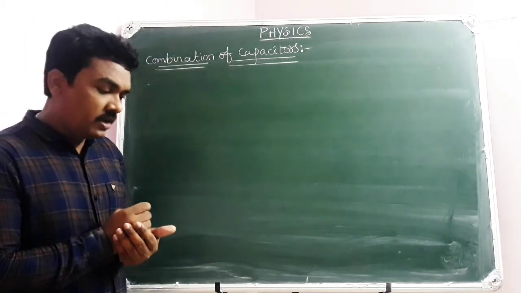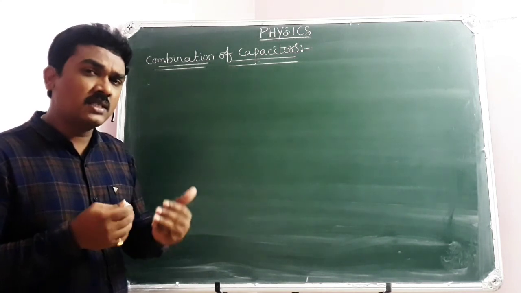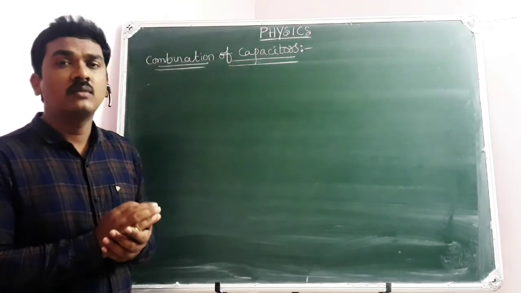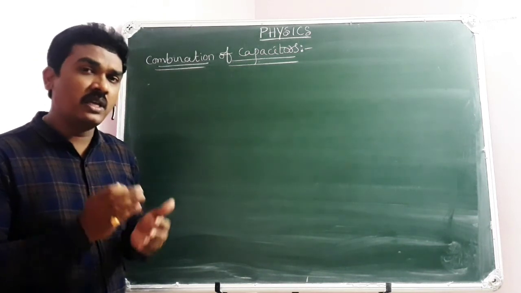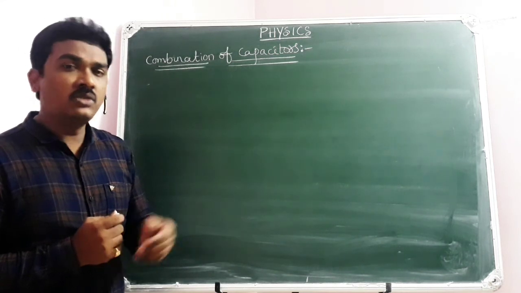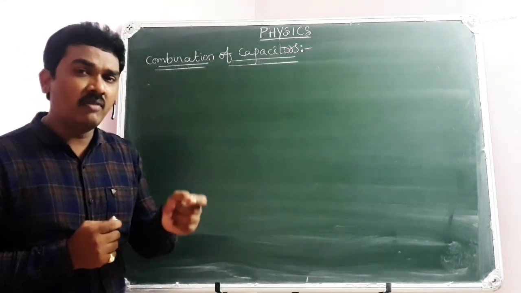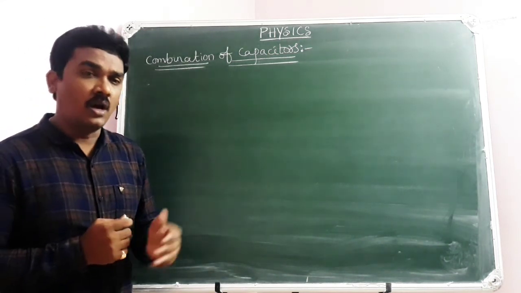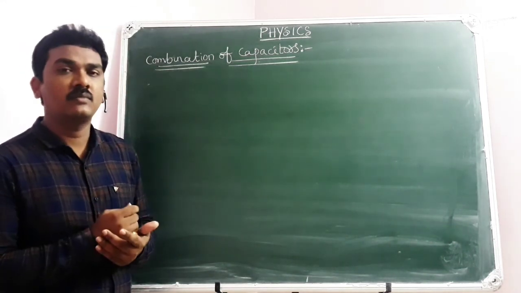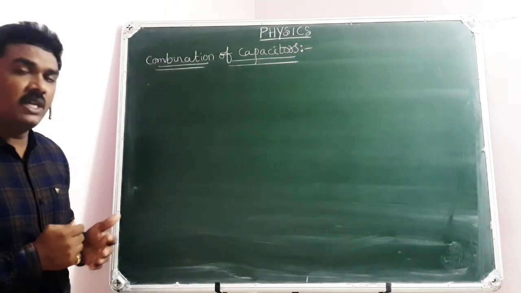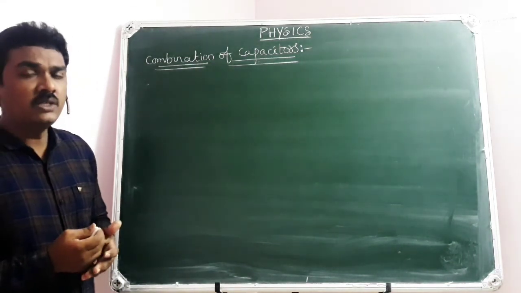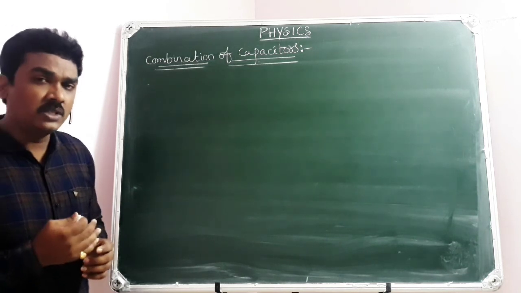Similarly, when there are 2 or more capacitors combined together in an electric circuit, then their combination can be replaced with a single capacitor whose capacity is known as equivalent capacity or effective capacity or resultant capacity. But to deal with this, we need to discuss the different types of combinations.